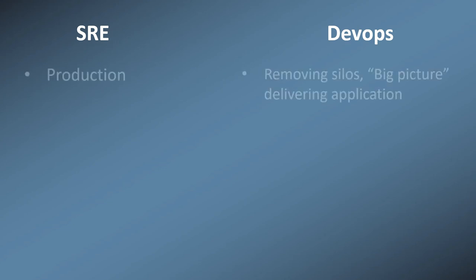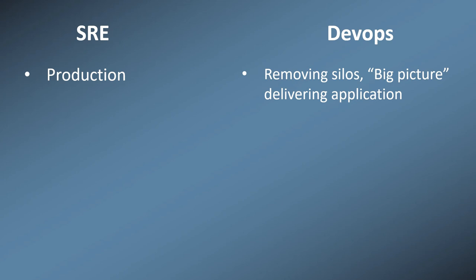Now let's see the differences between DevOps and SRE. Let's see what are the differences between the two approaches or two sets of practices. DevOps on one hand is about removing silos, understanding the big picture and being capable of delivering stuff all the way until production.